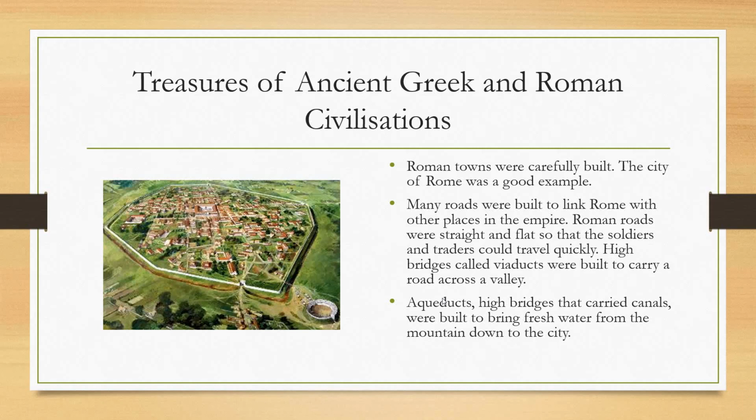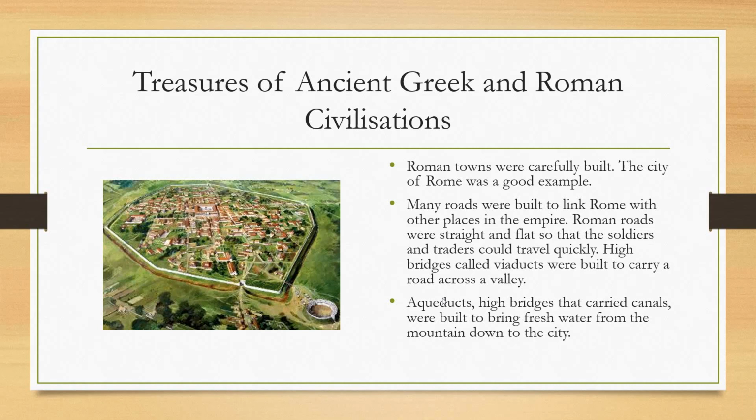Therefore, they had to build a good transportation network in order to link up different parts of the empire. So many roads were built to link Rome with other places, and Roman roads were generally straight and flat so that soldiers and traders could travel quickly. Sometimes high bridges called viaducts were also built to carry a road across a valley.